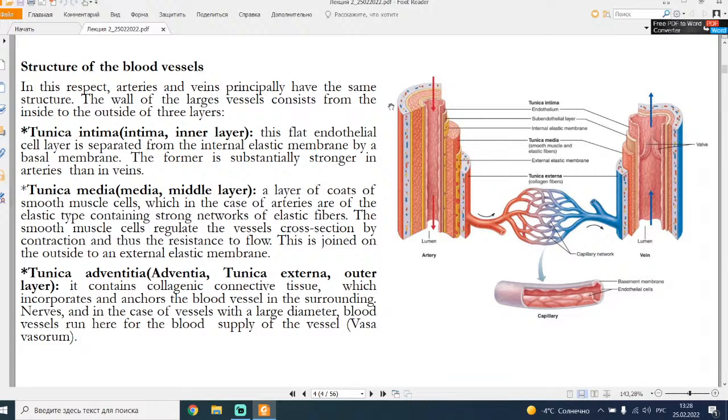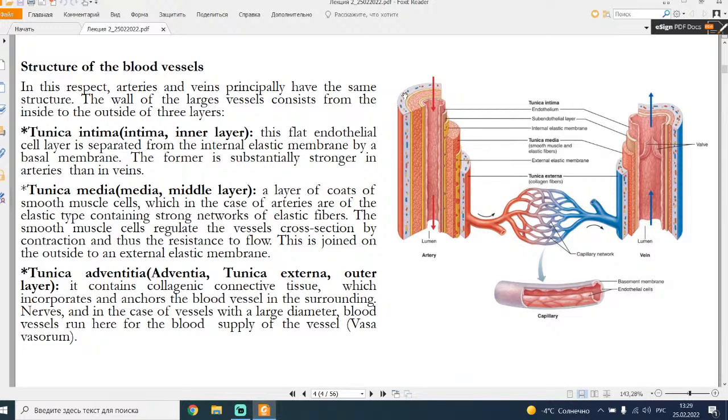Tunica adventitia, or tunica externa, the outer layer. It contains collagenous connective tissue, which incorporates and anchors the blood vessels, artery and vein, in the surrounding nerves. In the case of vessels with a large diameter, blood vessels run here for the blood supply of the vessels.